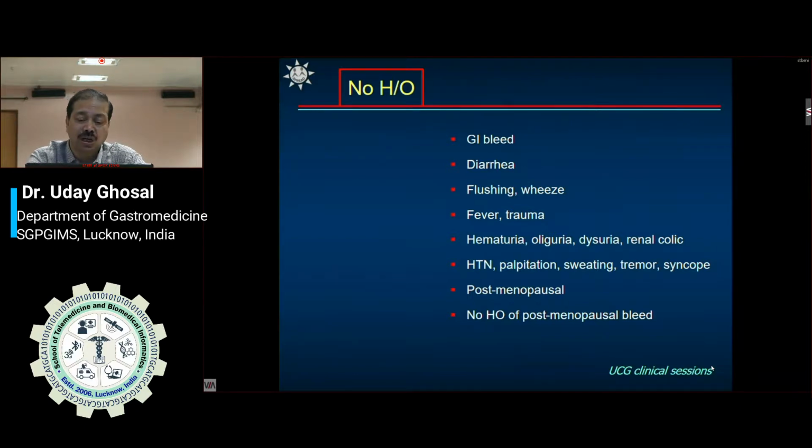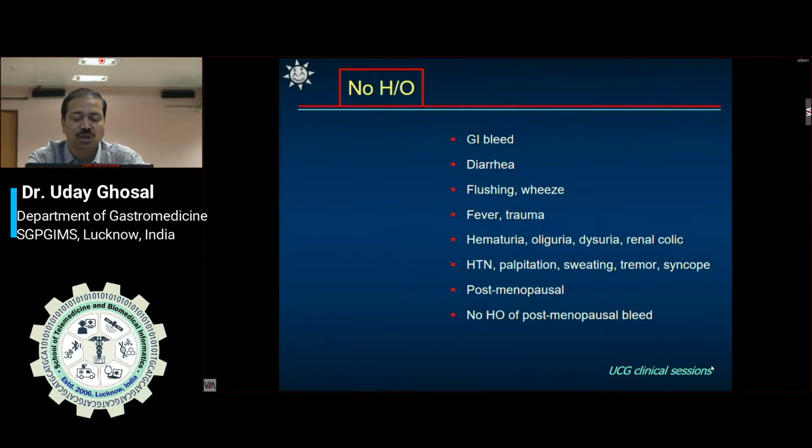On the other hand, when I'm saying hypertension, palpitation, sweating, tremor and syncope, I'm trying to say this lump is not an adrenal lump, though location is not really like an adrenal lump, but still we are giving this history because when patient localizes, it may not be a great localization, there could be mistake.